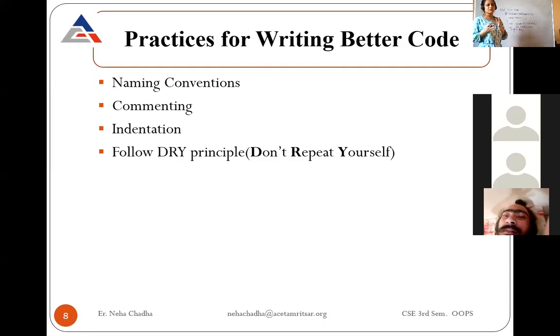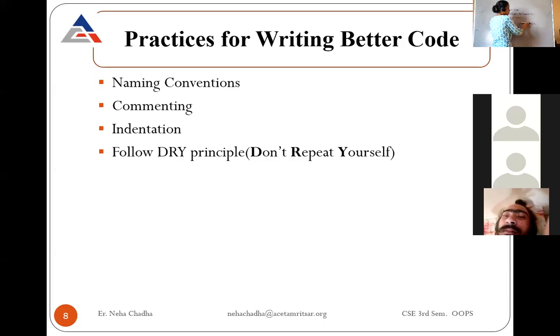This is not a proper format. You must use a name that is suitable to the program. If I say int A equal to 10, yes, A is a variable. Neha is also a variable. CS is also a variable.